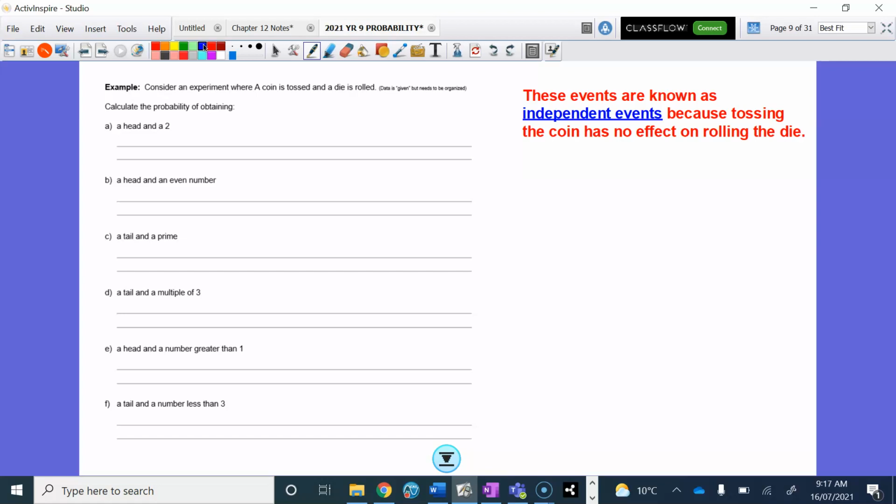If I was doing a table, I could set out something like this. If I tossed the coin, I could get a head or I could get a tail. And then if I rolled the dice, I could get a 1, a 2, a 3, a 4, a 5, or a 6.